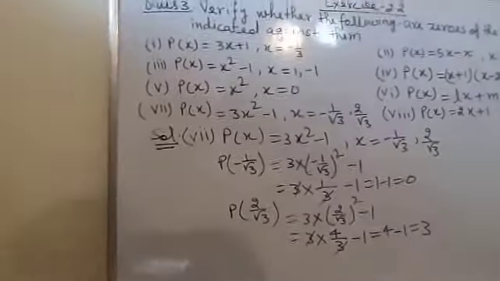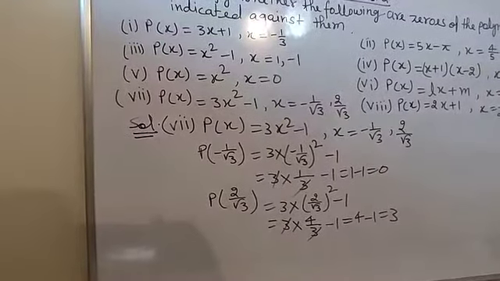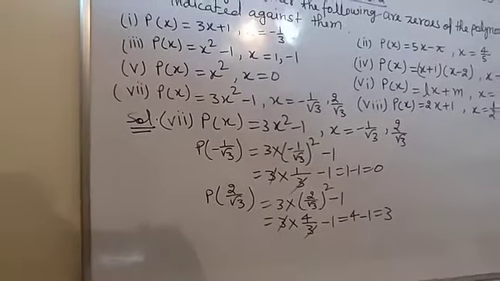Now here you are going to get that at x equal to -1 by root 3, the value of the polynomial is 0, but at x equal to 2 by root 3, the value of the polynomial is not 0.